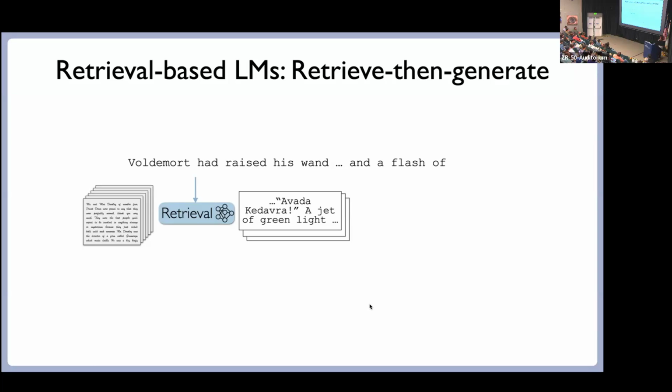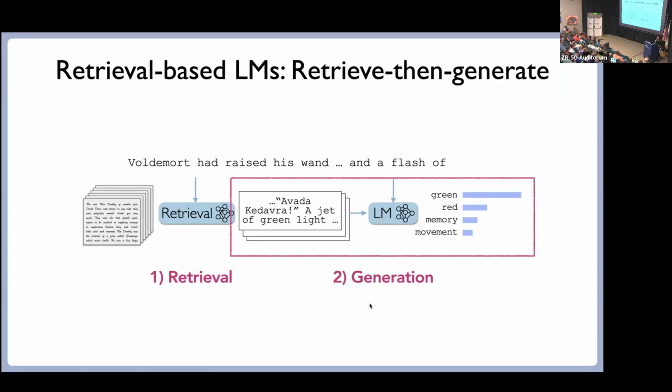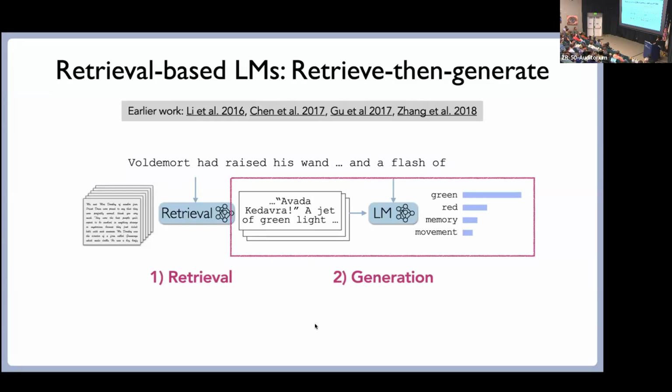Once you identify a small set of passages, you can feed them into the language model together with the text input and let the model make a prediction like a regular language model does. The first part is called retrieval and the second part is called generation. We can go over it one by one in more detail.